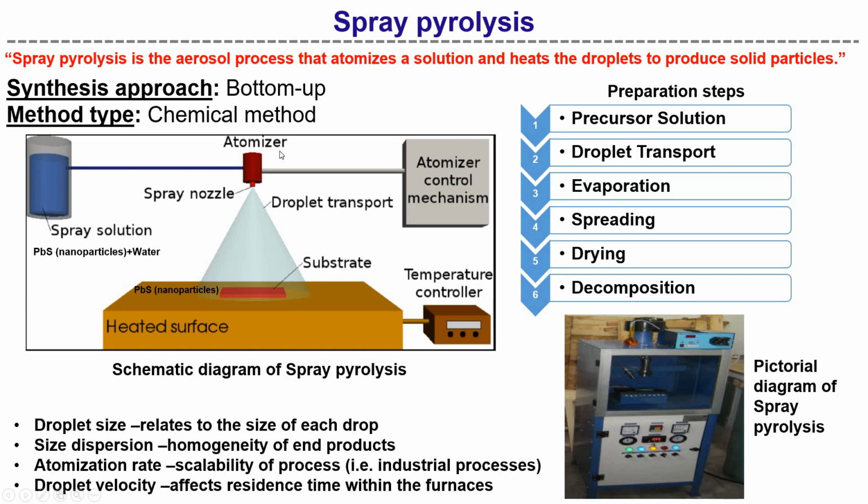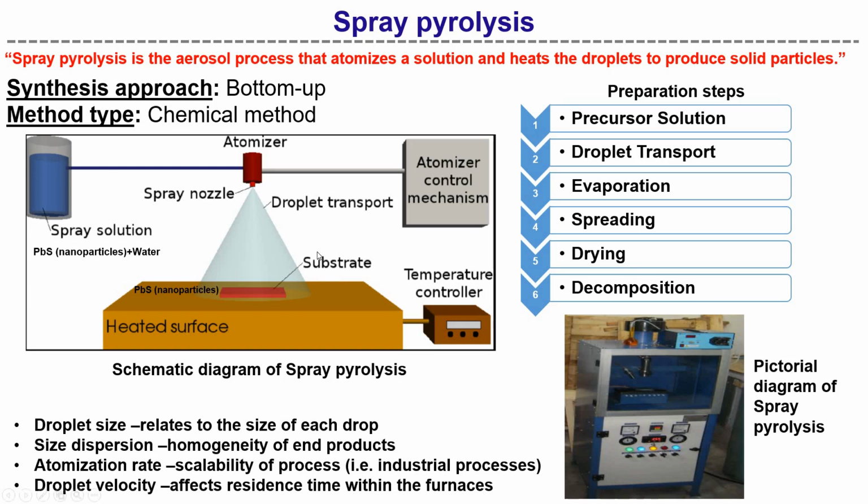So the atomizer exactly helps us to increase or decrease the droplet size, and from this spray nozzle we can spray the solution on this heated surface on which the substrate is placed. Substrate exactly is the surface where we want to deposit our nanoparticles.